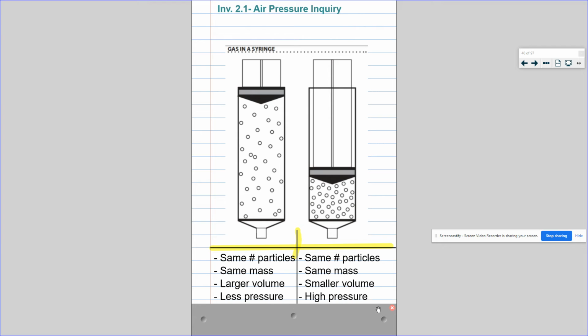This is going to create differences in pressure. Since the molecules in the first picture are more spread out, they are not creating as much pressure on each other and on the sides of the syringe and the back of the syringe, whereas the other molecules are very, very much compressed, increasing that pressure.